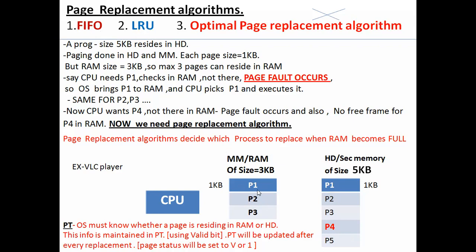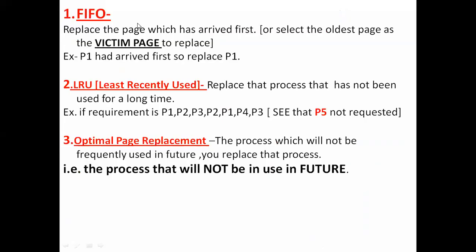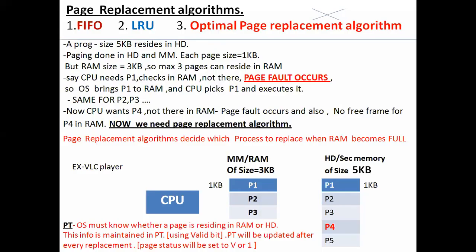So we have some principles, or policies, based upon which I can select any one of the pages in the main memory with which I can replace this new page P4.